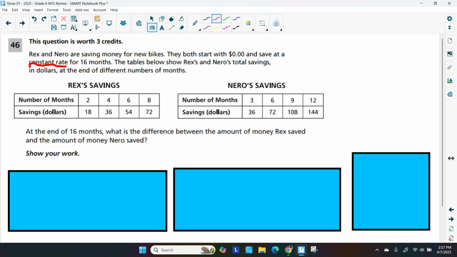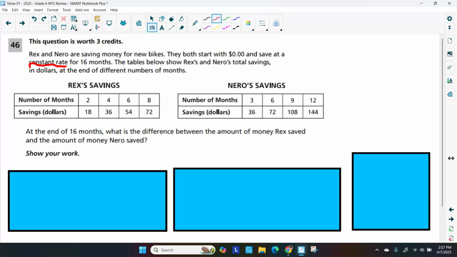The tables below show Rex's and Nero's total savings in dollars at the end of the different number of months. So there's Rex and there's Nero, so we'll read their information in a minute.